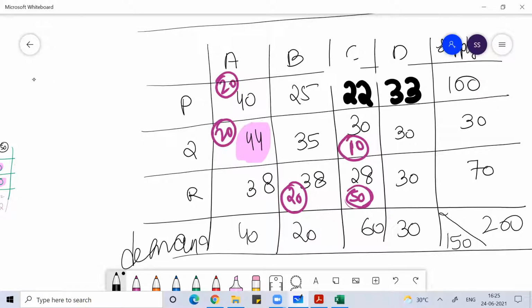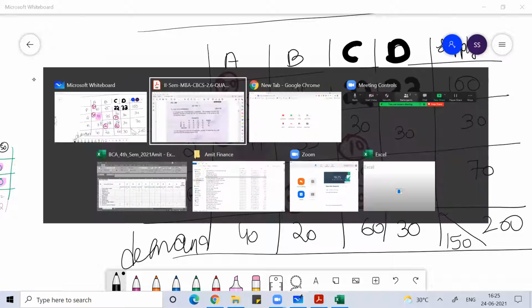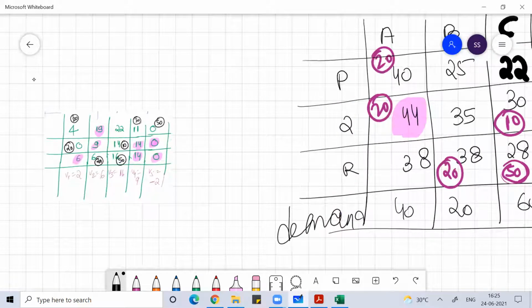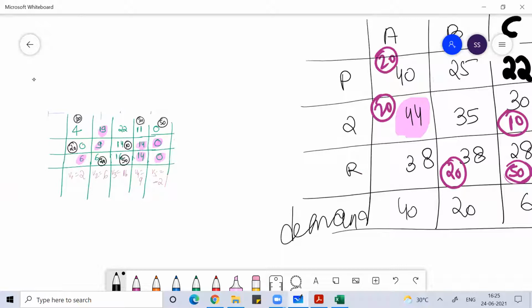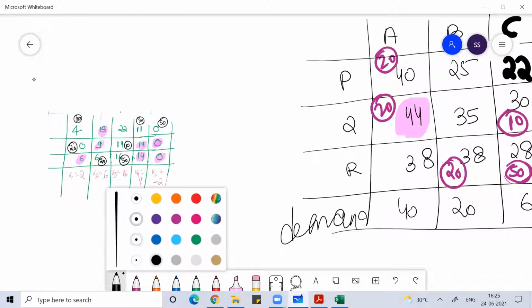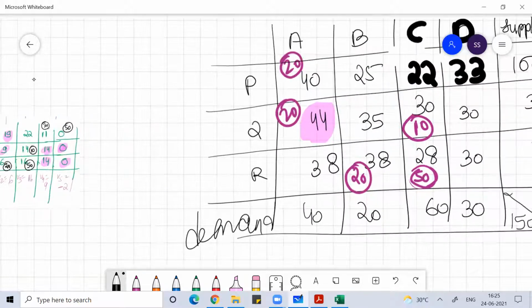Then this was C, this is D. Then 20, 20, 20, 10, 50, and then the fourth: 1, 2, 3, 4, 11, and 11 is 30.